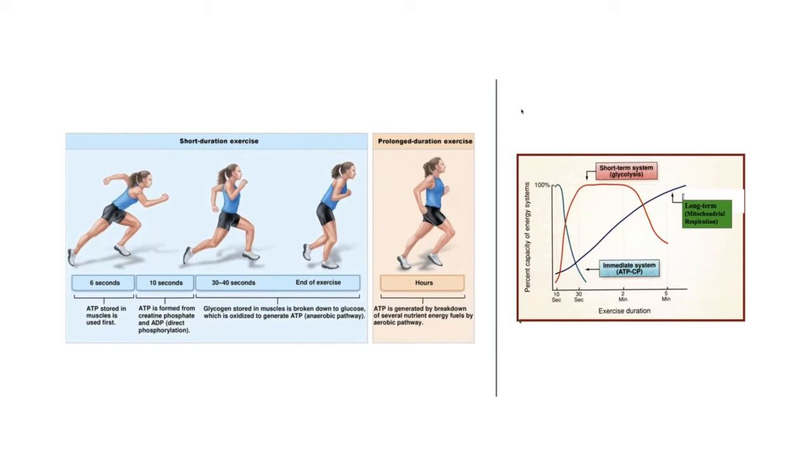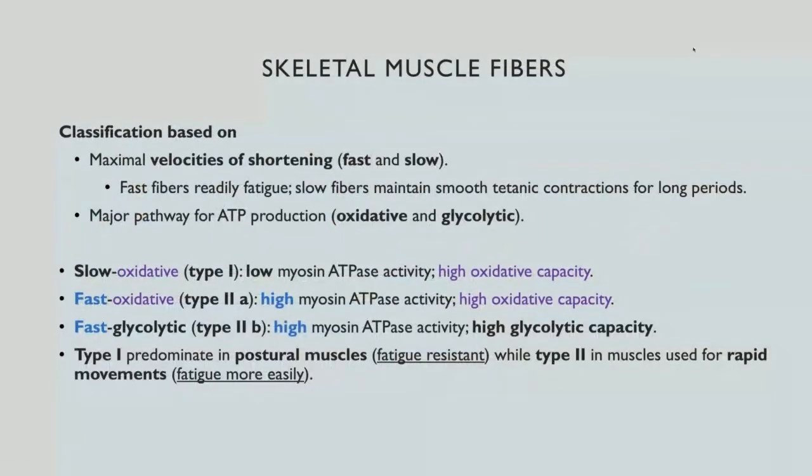Now, the metabolism of the muscle fiber is useful to understand the classification of the skeletal muscle fibers. We can classify the skeletal muscle fibers using a couple of things. First of all, the velocity of shortening, how fast it contracts.